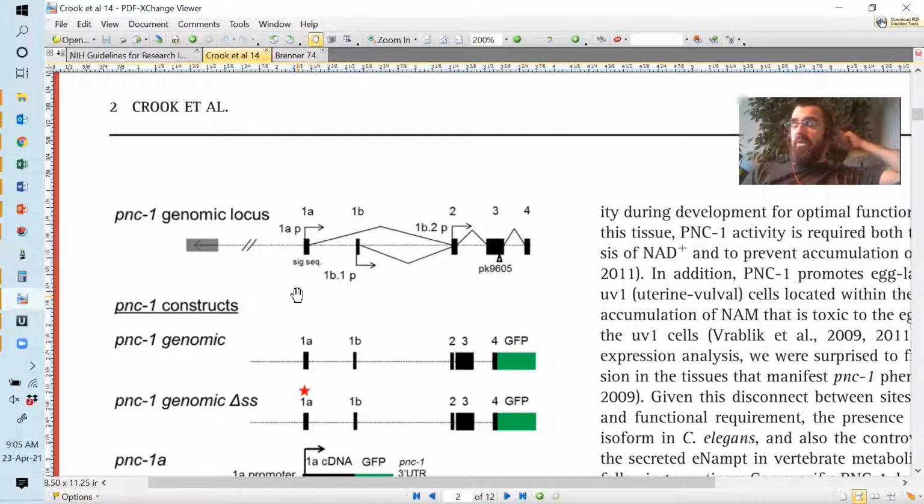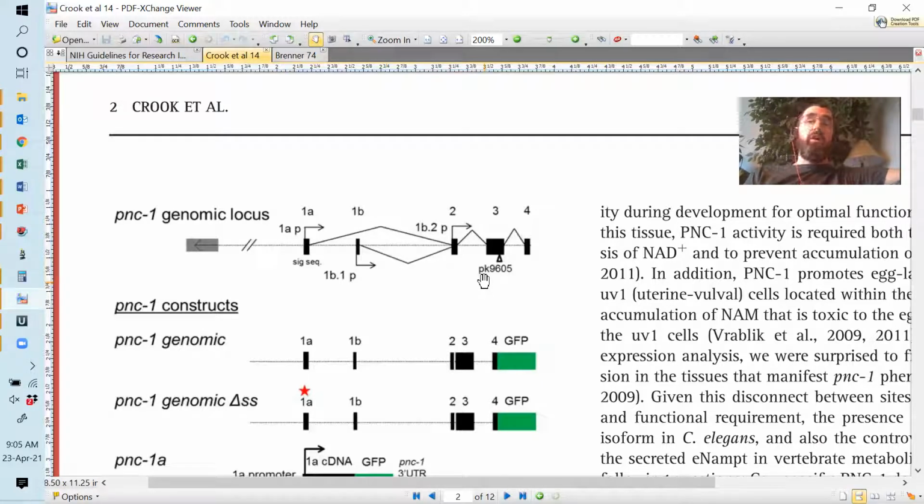So a bunch of this work, not entirely, there's other things going on in this paper, was to thoroughly catalog which genes, which cells these 3 different promoters were expressed in.